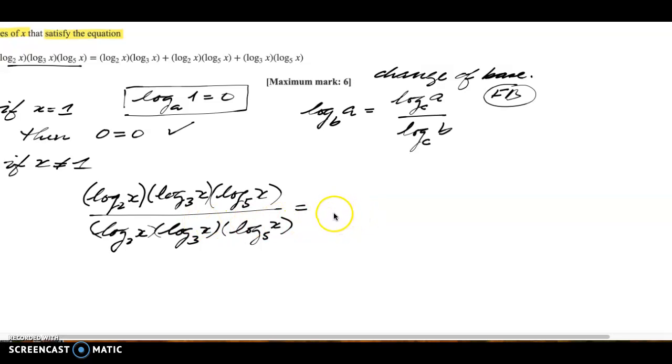Writing it out will give you the extra time, and you're going to see how things cancel. If you don't see the pattern, if you don't see where things will cancel, then I highly recommend writing it out. If you do see it, well then ignore what I'm doing and you can jump right to it.